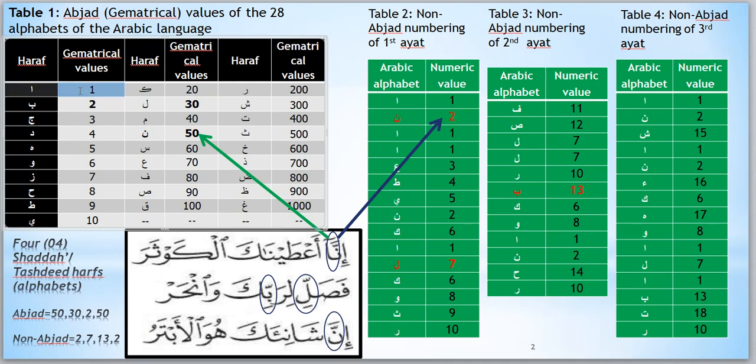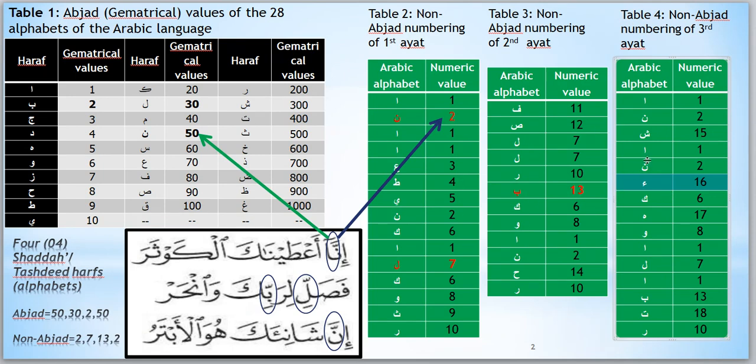In the non-abjad case, Hamza and Alif are not considered the same. So here Hamza is 16.